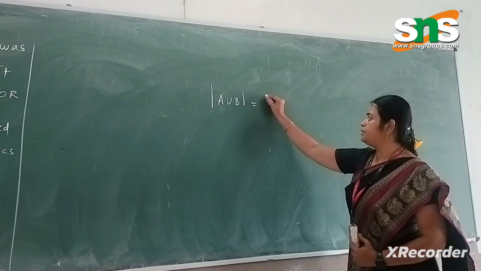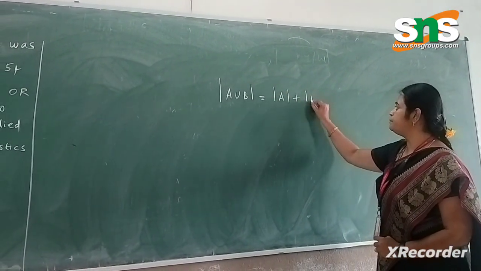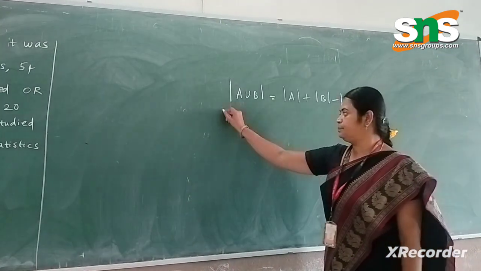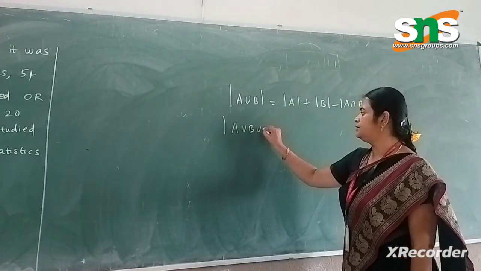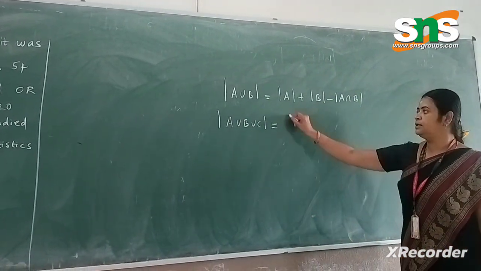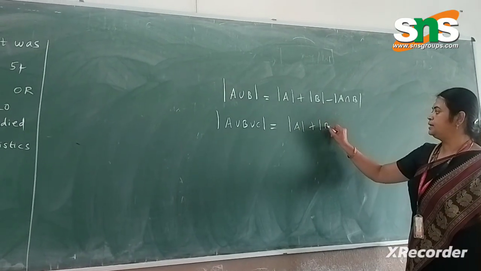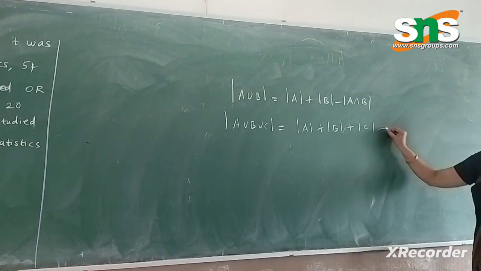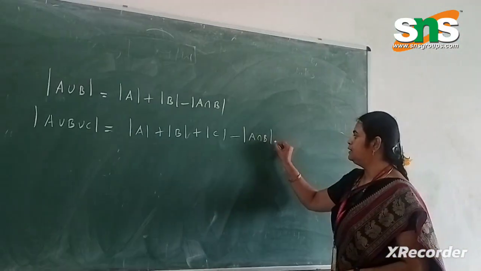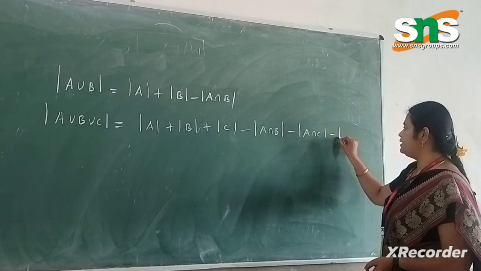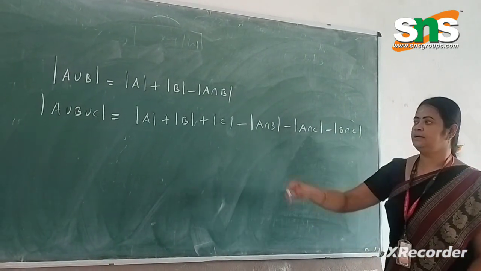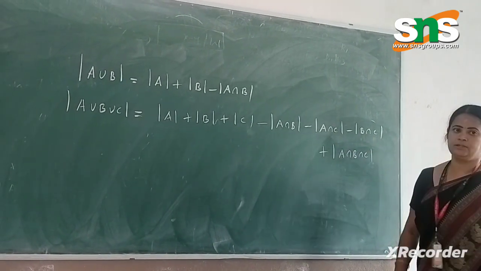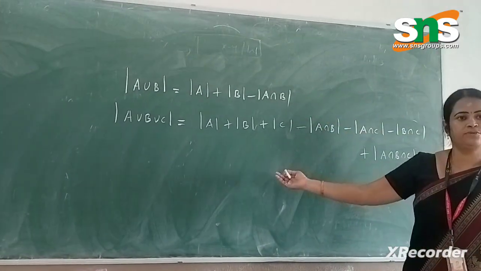Cardinality of A union B is given by cardinality of A plus B minus A intersection B. If you have three sets A, B and C, then the cardinality of A union B union C is equal to cardinality of A plus B plus C. That is, individually you have to write the sets, and pairwise you have to combine, that is cardinality of A intersection B, A intersection C and B intersection C, and finally all the sets, A intersection B intersection C, you have to write. So this is the formula for two sets and this is the formula for three sets.